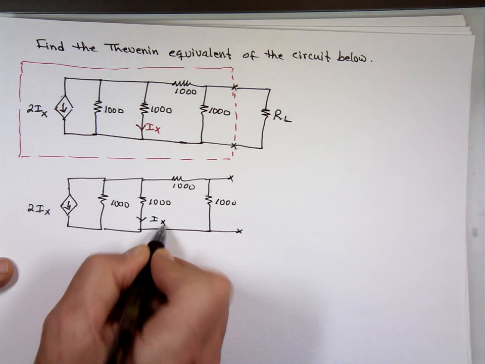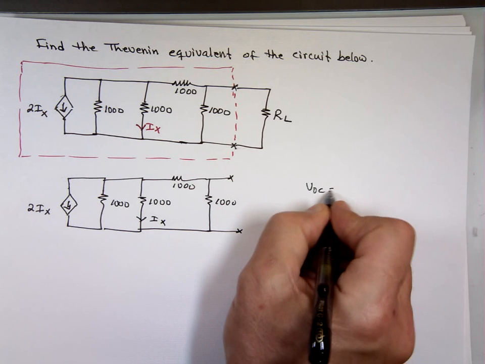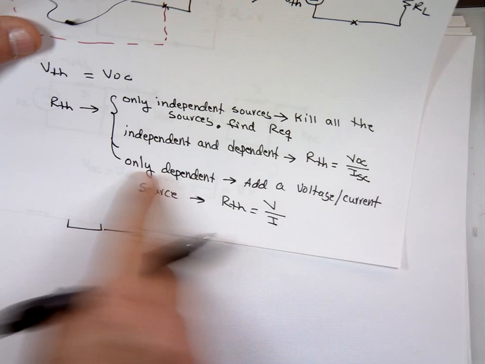When you only have dependent sources, the V open circuit is going to be 0. So you're only going to find R Thevenin. You're not going to find V Thevenin. There is no V Thevenin here. So in this case, when you only have dependent sources, you're going to add a voltage source or a current source.